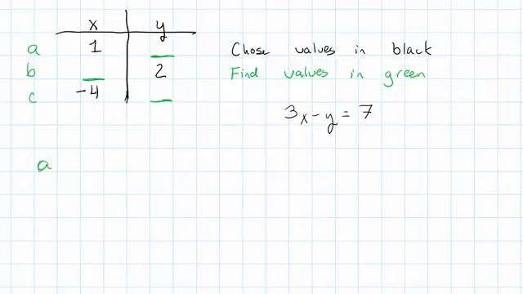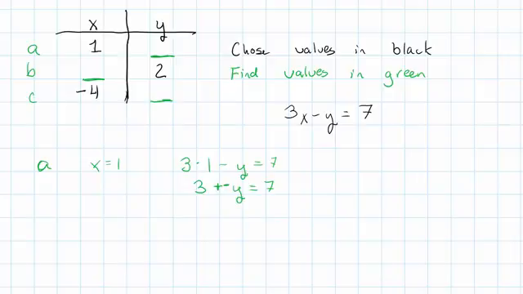So in row A, I have x equals 1. I plug that in, and I have 3 times 1 minus y equals 7. So that's 3 minus y equals 7. I want to understand that minus as plus the opposite.